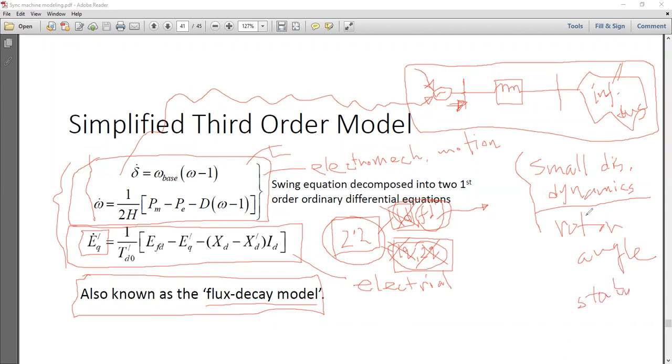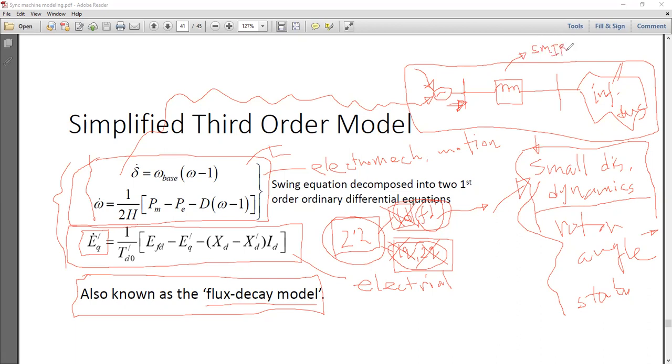So we'll be looking at small disturbance dynamics, or in short, small disturbance rotor angle stability. If we combine these two concepts, small disturbance and rotor angle, we will be trying to analyze small disturbance rotor angle stability. For which system? For a system of this form. We will call it a single machine infinite bus system, SMIB.